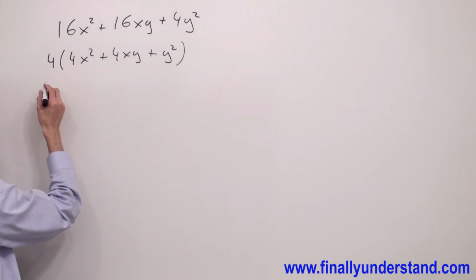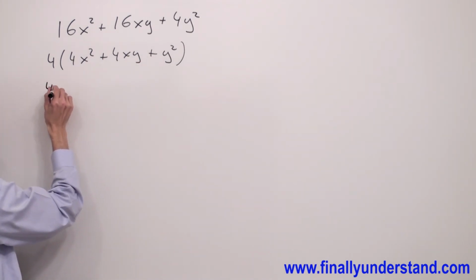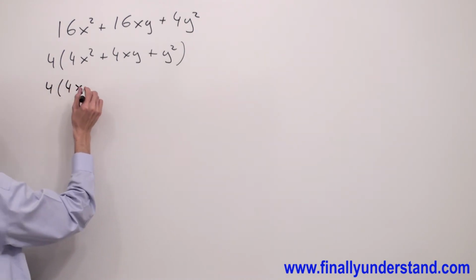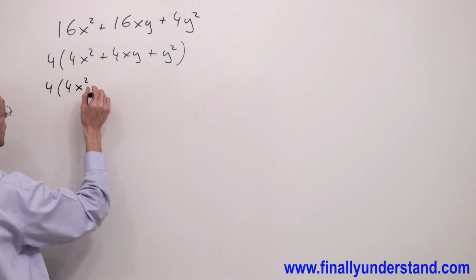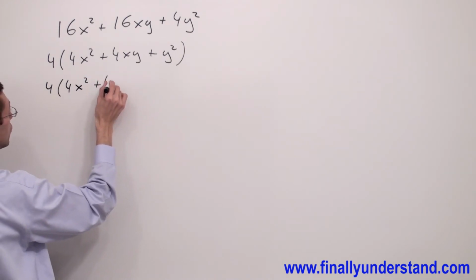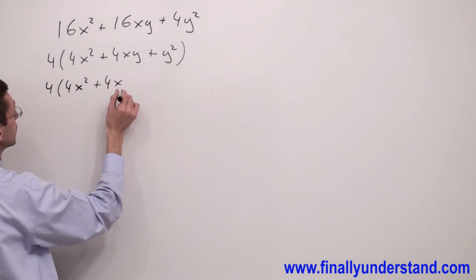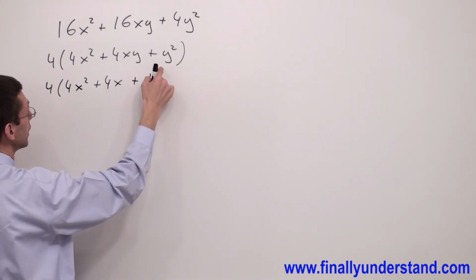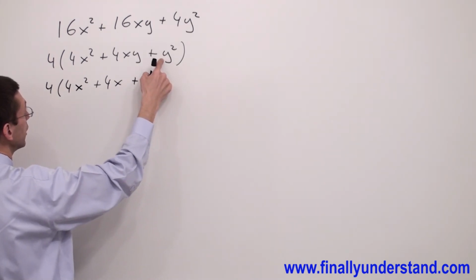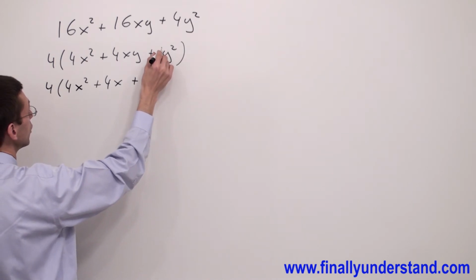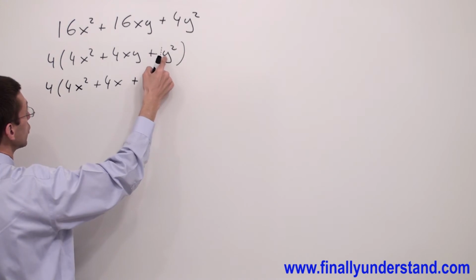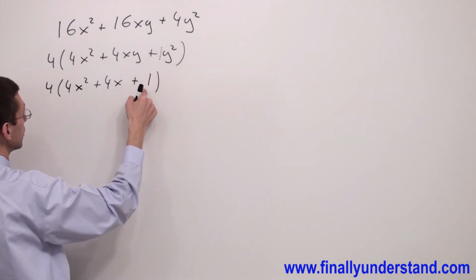That's why I'm going to write this problem as 4, and I have 4x squared plus 4x plus 1. Okay, remember, anytime you forget about y squared, there will always be an invisible 1 next to it, and anytime you remove y, this invisible 1 becomes visible.